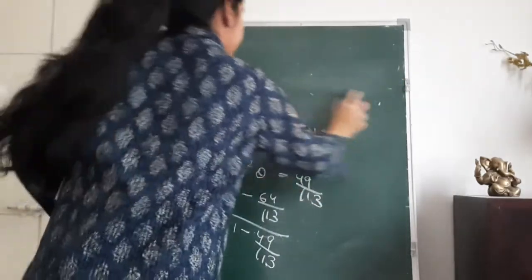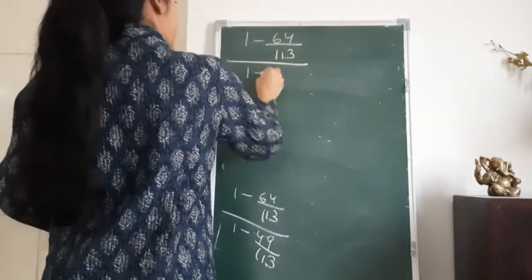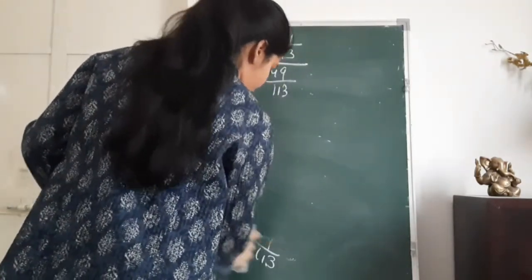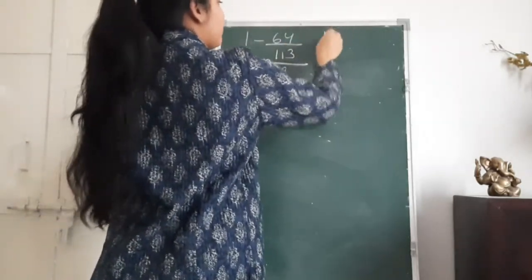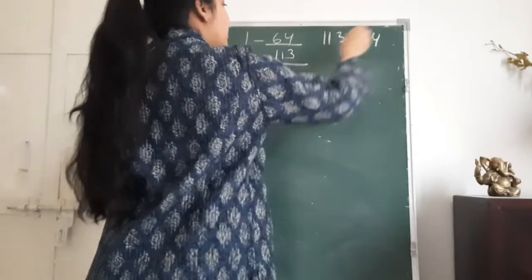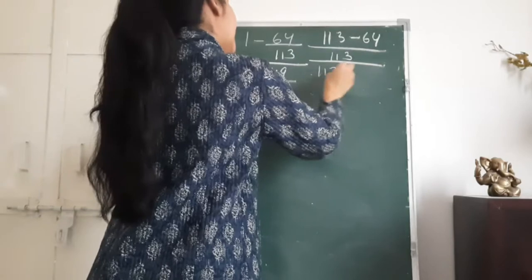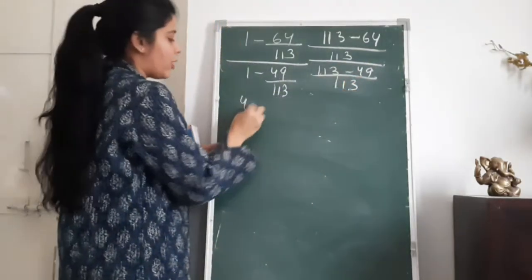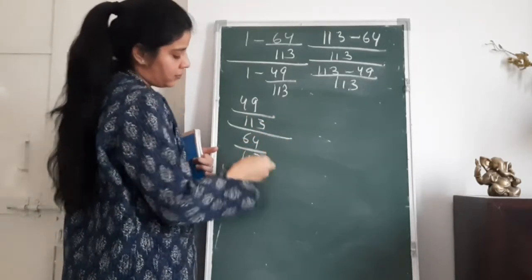Let's see. 113 minus 64 upon 113 upon 113 minus 49 upon 113, that gives me 49 upon 113 upon 64 upon 113.